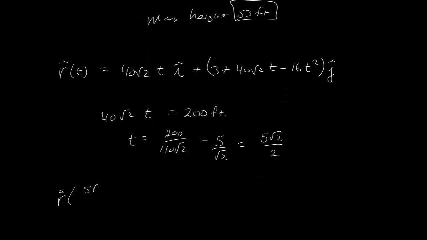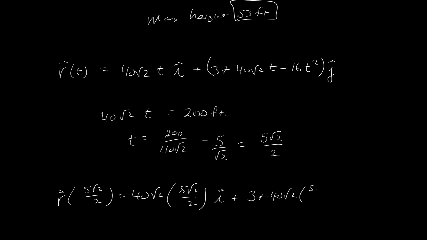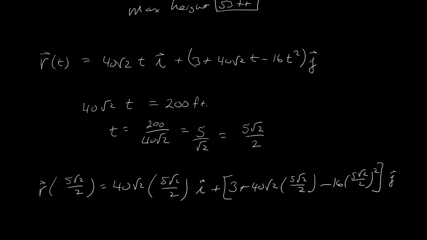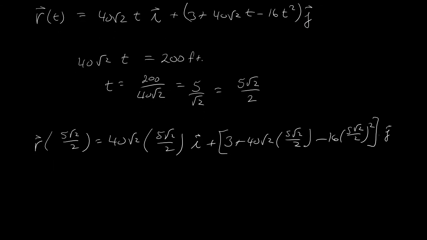So r of 5 root 2 over 2 is 40 root 2 times 5 root 2 over 2. That's the i direction, plus 3 plus 40 root 2 times 5 root 2 over 2 minus 16 times 5 root 2 over 2 squared in the j direction. Okay, all right, so we need to know, is this j component going to be at least 10 feet?